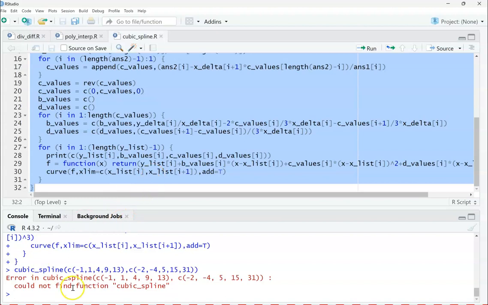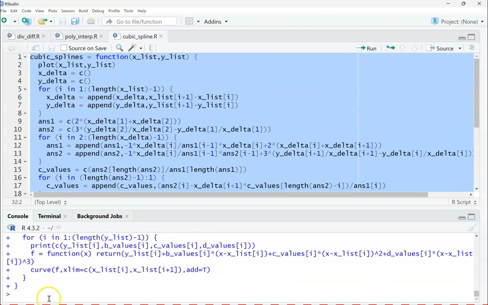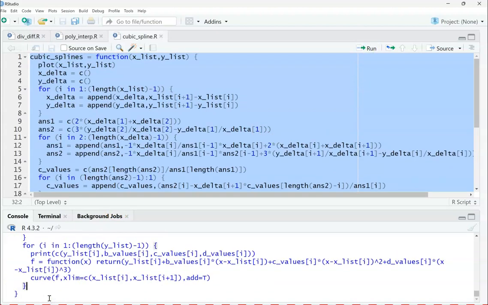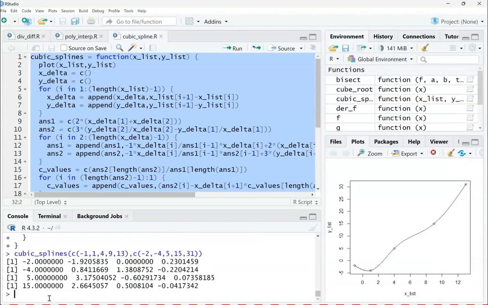Maybe you can't find the function cubic spline. I just entered it. Oh, that's right, I did have an S in there, didn't I? I don't remember what I called my own function. There it is.